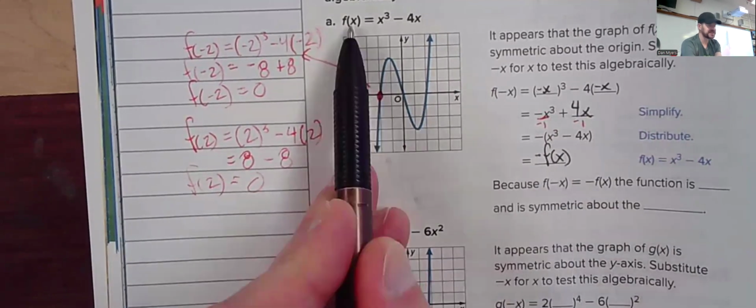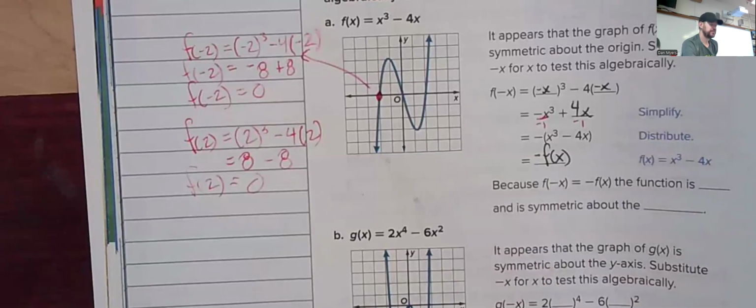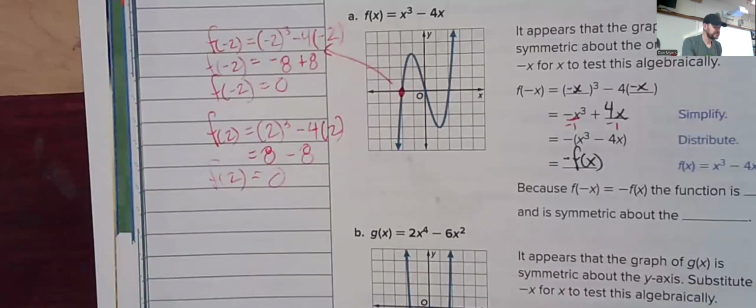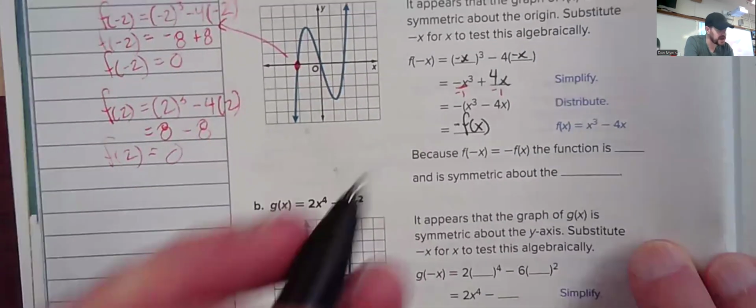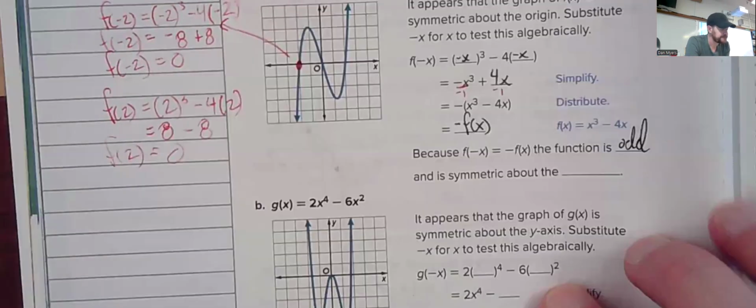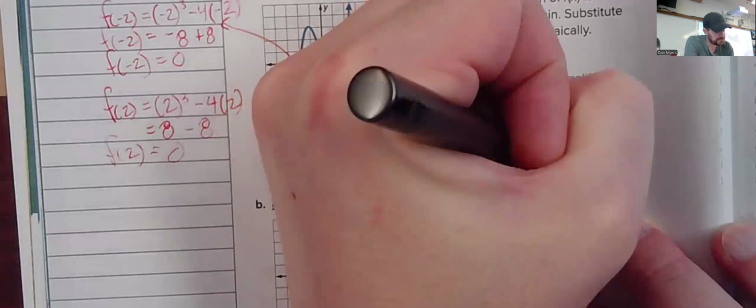So this is y, this is negative y, positive y, opposite y, whatever it is. So because f of opposite x is equal to the opposite of f of x, the function is odd and is symmetric about the middle of the graph, which is called the origin.